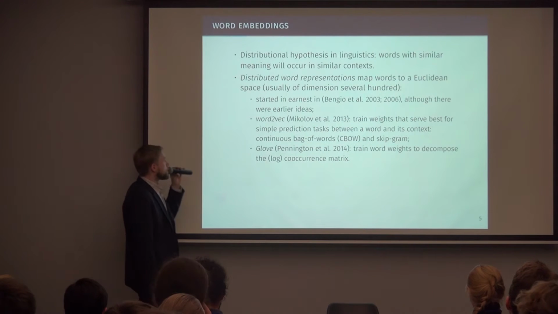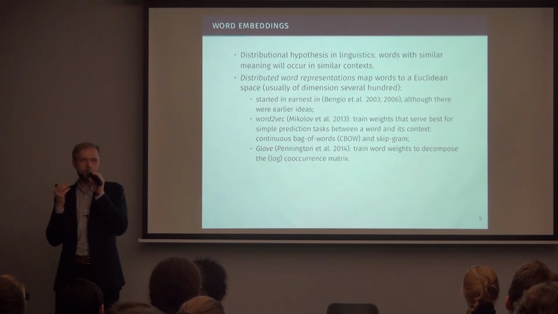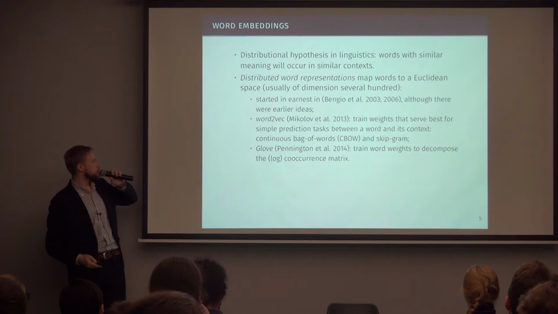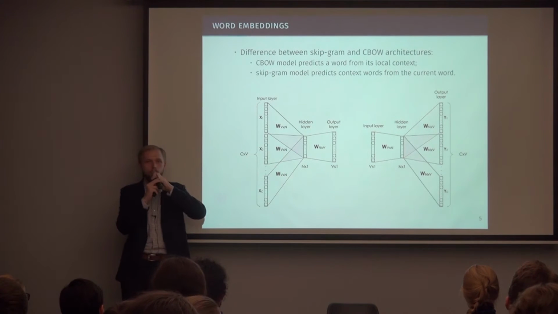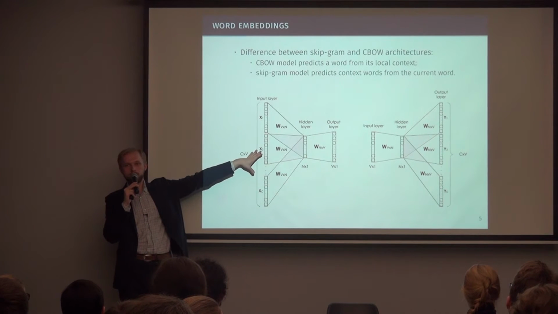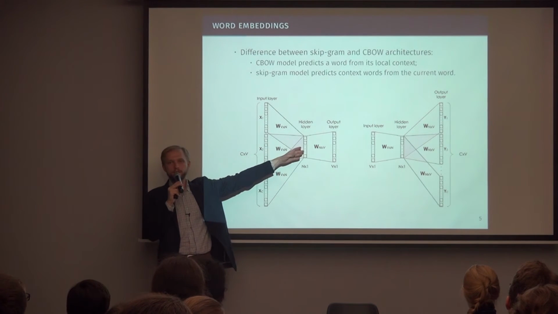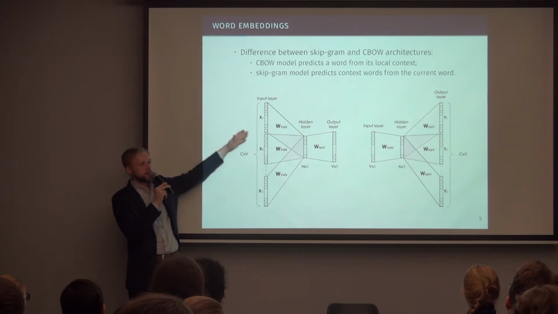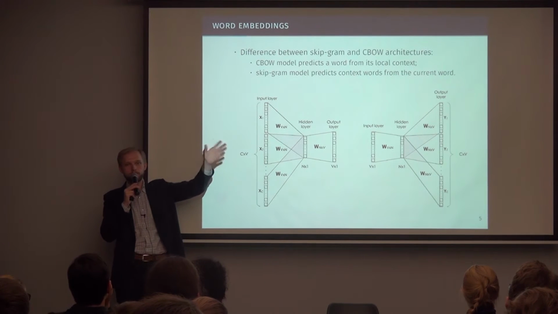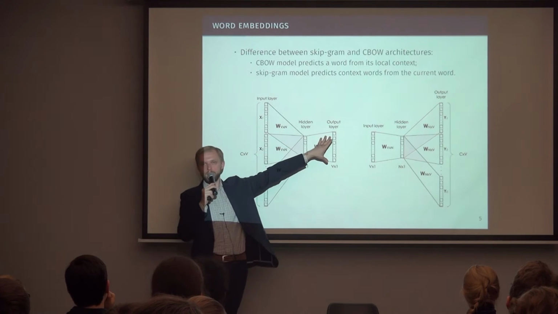So distributed word representations attempt to capture this meaning by taking the local context of a word. For instance, in the CBOW architecture, the continuous bag of words architecture, you have a very simple model that takes the local context of a word, basically its neighboring words, like 5 words on the left and 5 words on the right, and tries to predict this word.